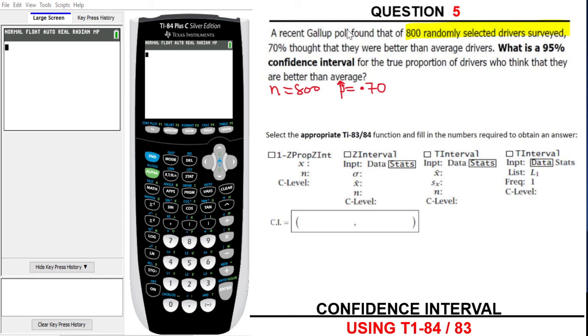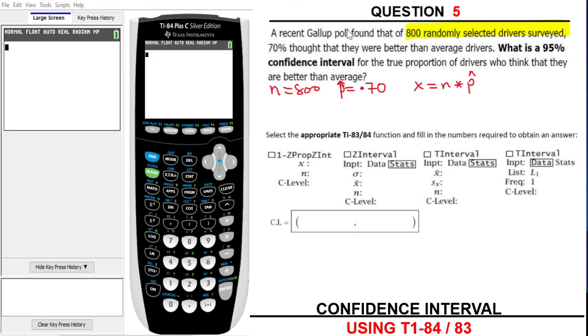If you are given p hat instead of x, keep in mind that x is the same as n multiplied by p hat. So if you are given p hat and you are not given x, then keep in mind that x is equal to n times p hat.